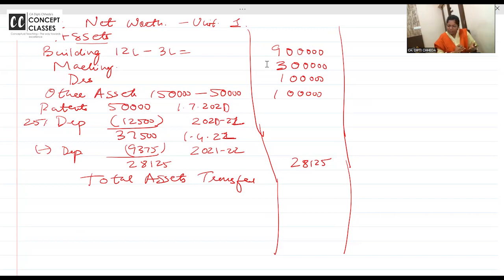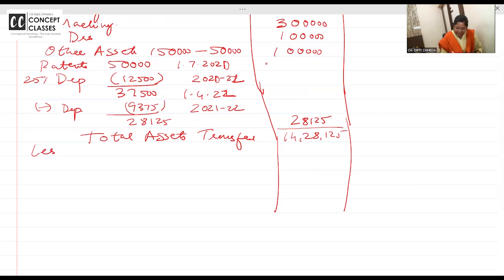How much is the total of assets you are getting? 14,28,125. Correct? 14,28,125 less liabilities. Is it correct?